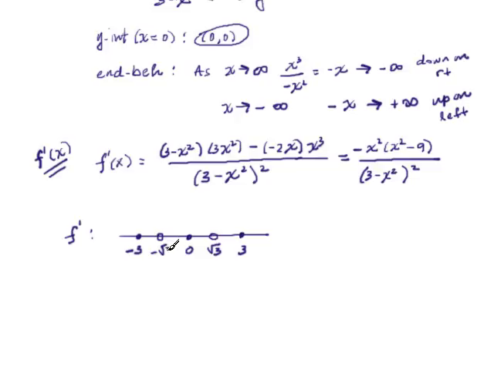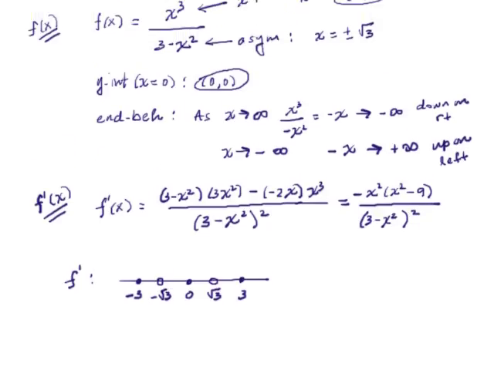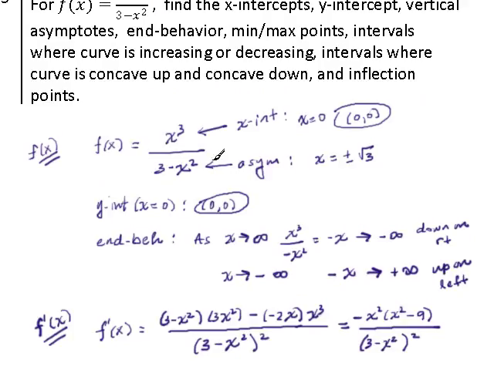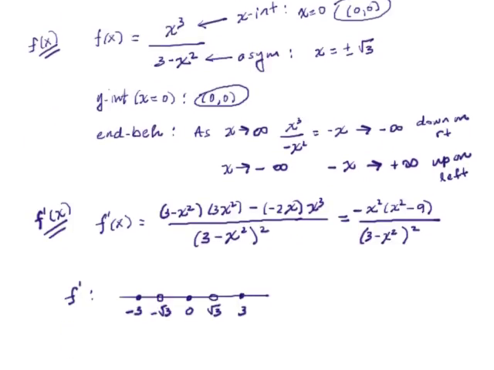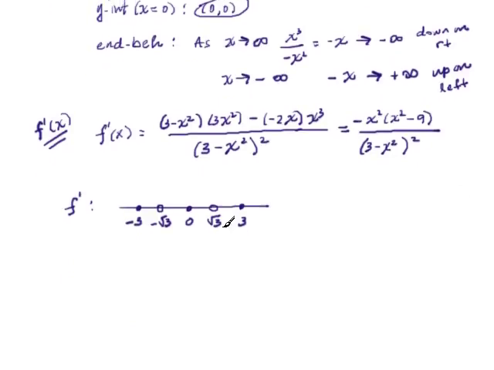Now notice I have open circles here because those are zeros of the denominator of f of x. So the function does not exist at root 3 and minus root 3. So we're going to put square root symbols there. Open circles over there. And these are not going to be candidates for max-mins because these are vertical asymptotes.